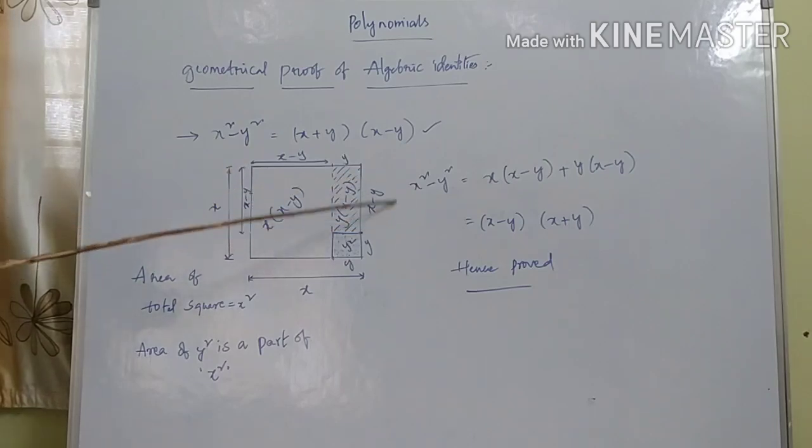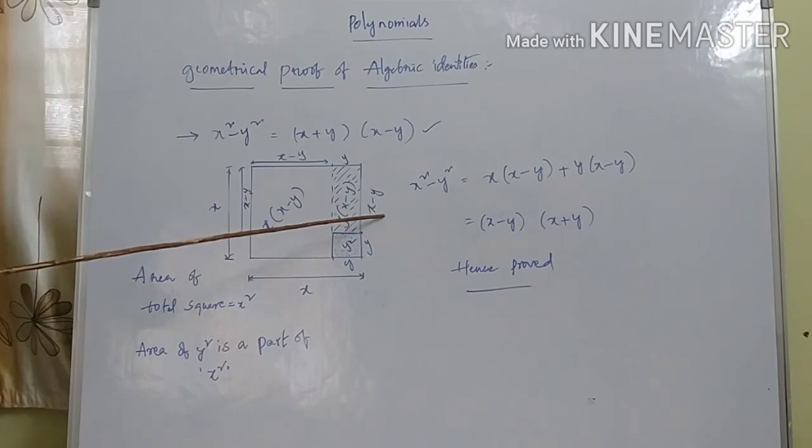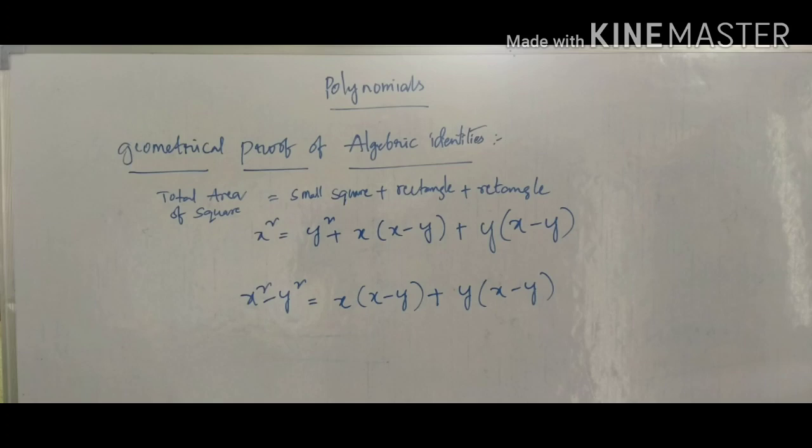The opposite side is also equal in length, x minus y. So the area of this rectangle is y into x minus y. Similarly, the total area of the square is equal to the small square plus rectangle plus rectangle. So y square transposed, that is equal to x square minus y square.